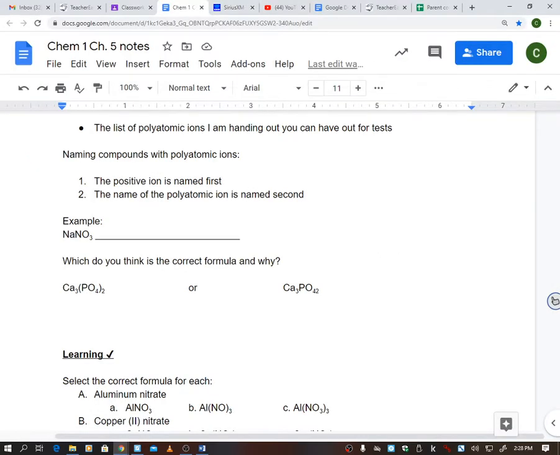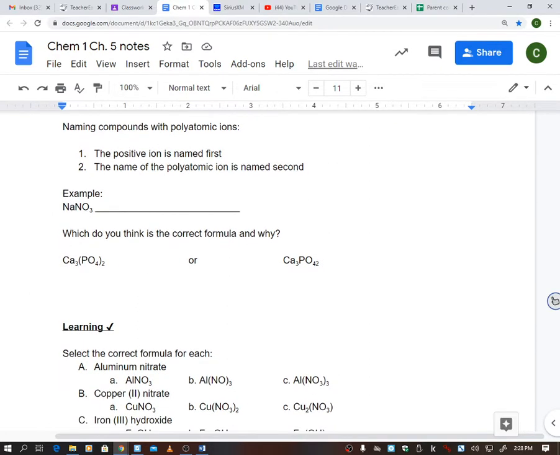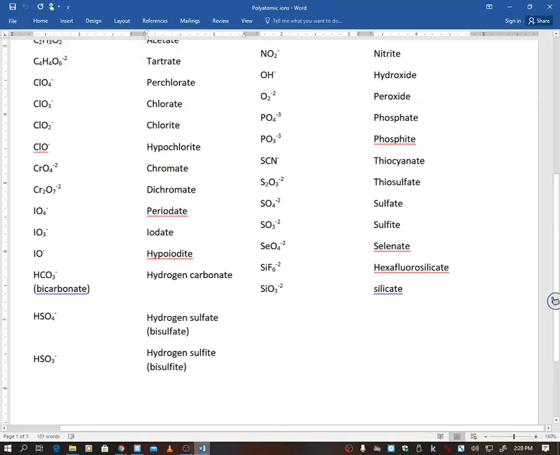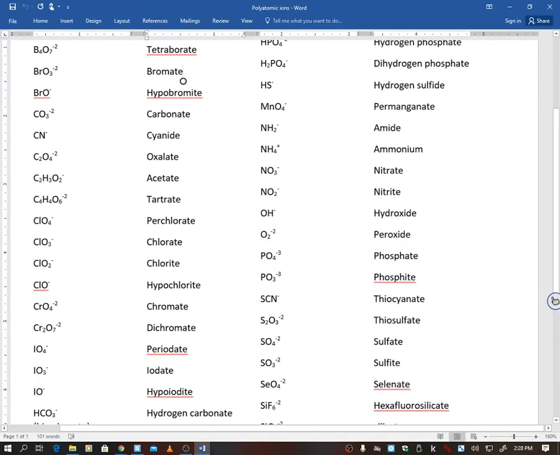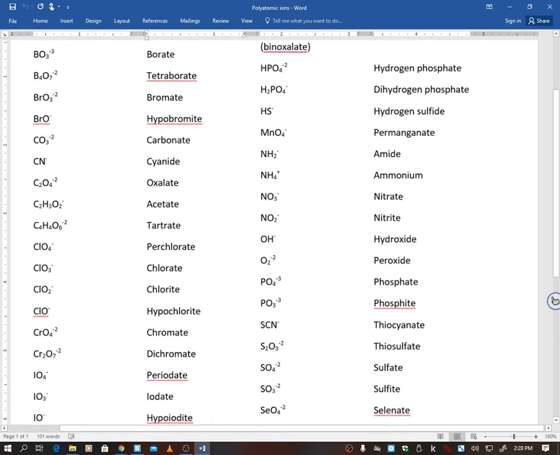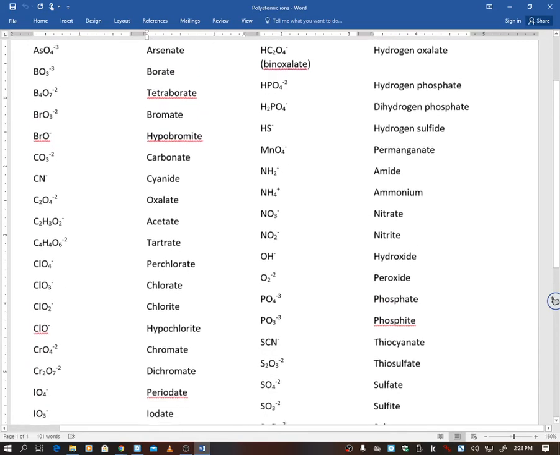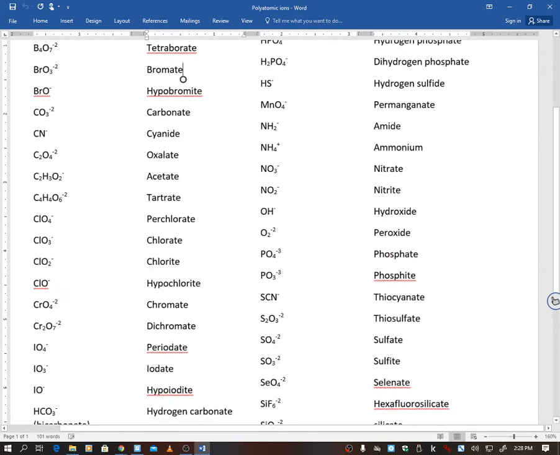All right, so it says, naming compounds with polyatomic ions. The positive ion is always named first. That's nothing new to us. That's what we've been doing. Most of your polyatomic ions, if you notice, are negative. If you look through here, we've got a lot of negative numbers. There is a positive one right here, the NH4.